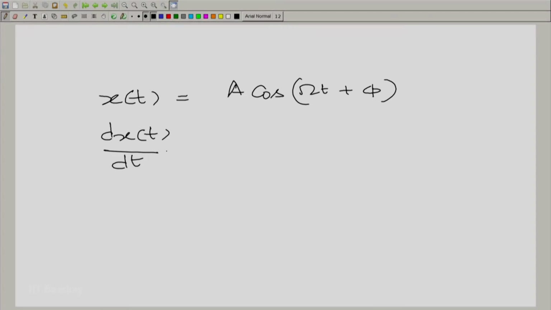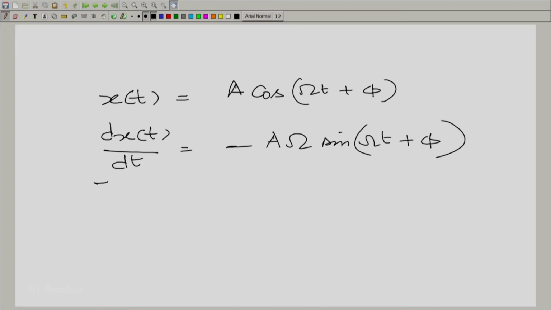Take x(t) equal to A times cos(omega t plus phi), and let us find out dx(t)/dt. It is of course equal to minus A omega sin(omega t plus phi).